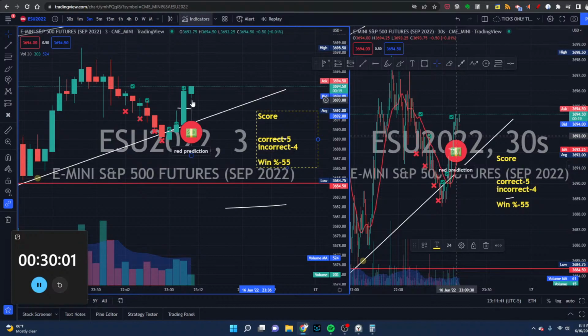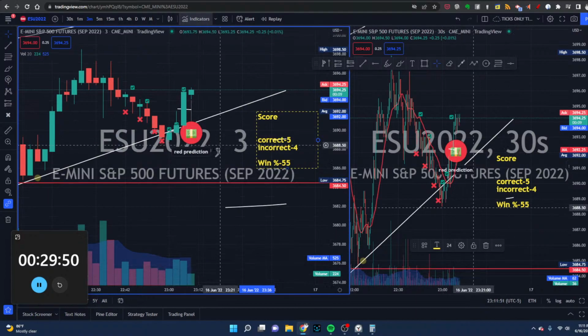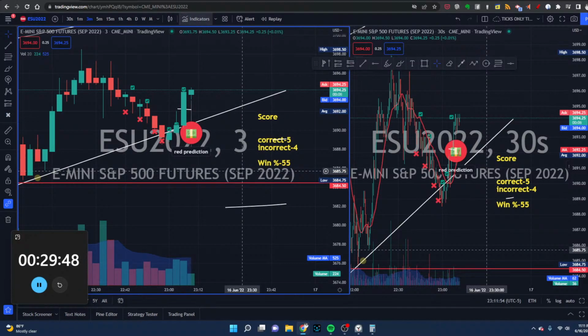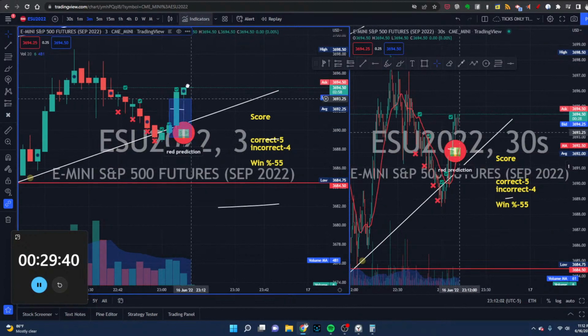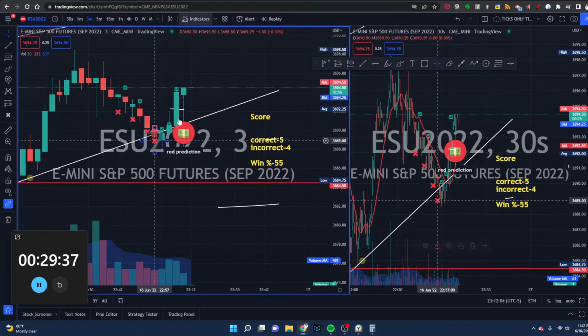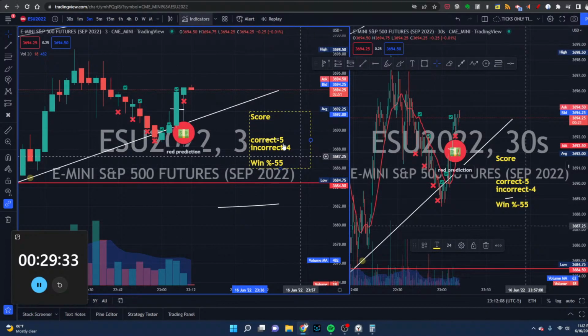Let's see if I can win this candle. 19 seconds. Looks like it's filling out here though. Less volume than before. Come on, push that sucker red. Okay, so I lost this one. It did close green. We lost this one here. We're back to 50-50.